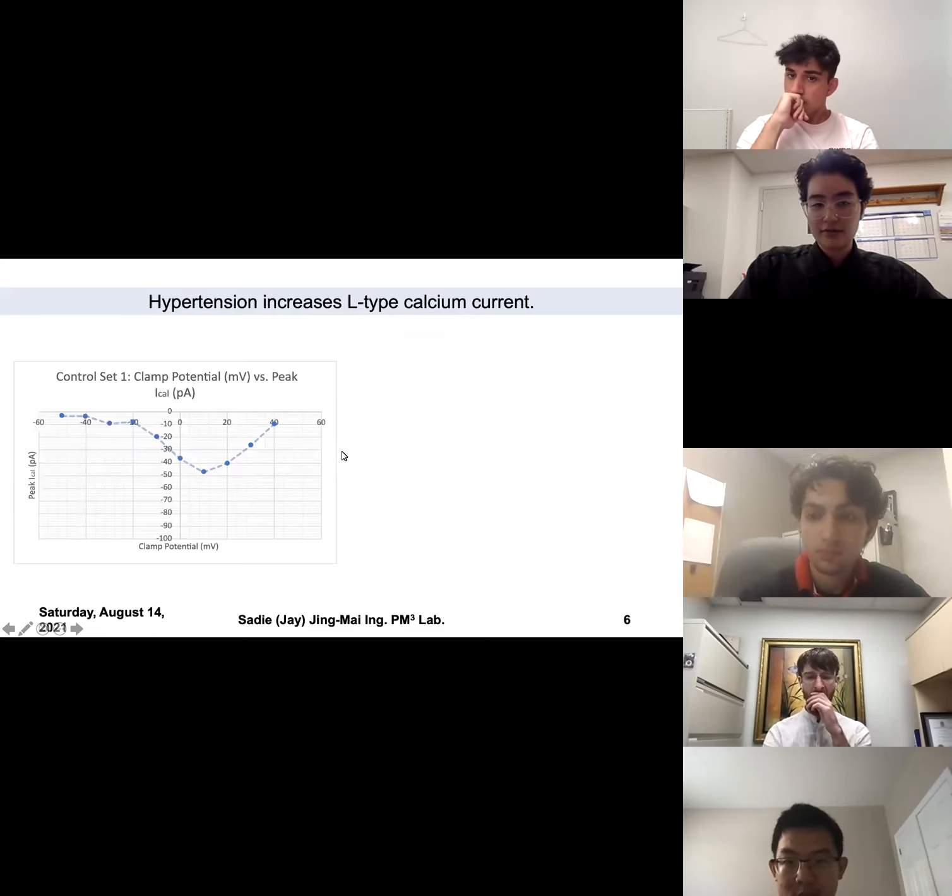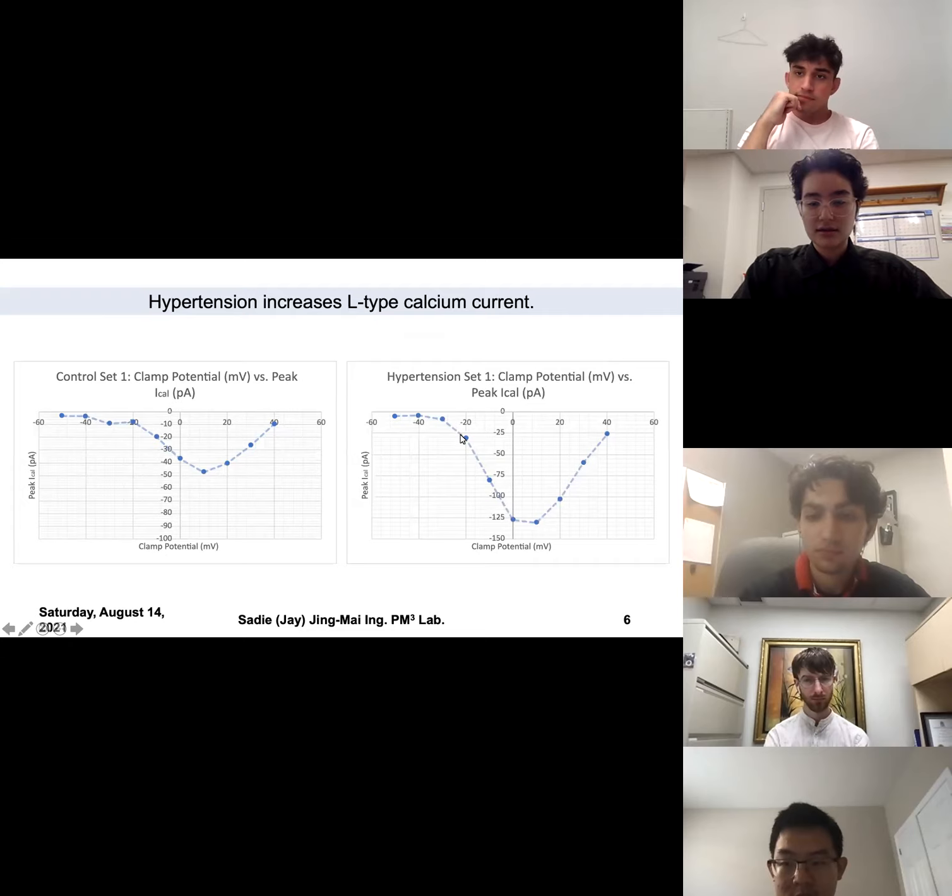This is a graph of the clamp potential graphed against the peak L-type calcium current, and here is the same graph for hypertension. As you can see here, for the control graph, the peak current was about -47 picoamps, and for the hypertension, the peak current was about -130 picoamps. We therefore concluded that the hypertension increased the L-type calcium current.